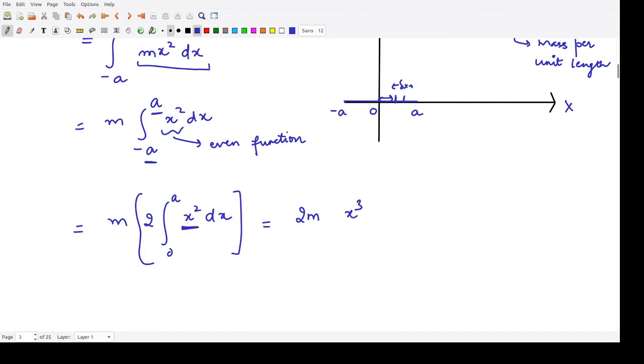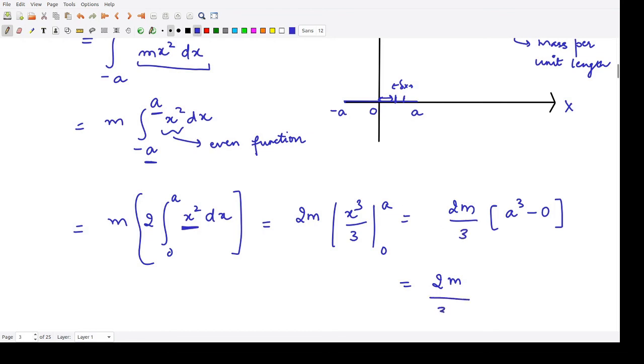Its integration would be x cubed by 3, and the limit here varies from 0 to a. So our final answer would be 2m into a cube minus 0, divided by 3. I'm sorry, here we also had 3. So we have 2 by 3 m into a cube.